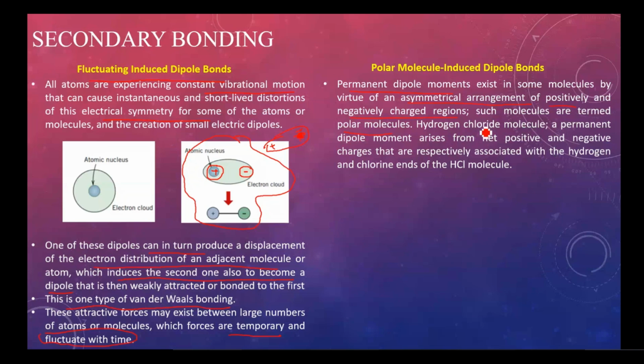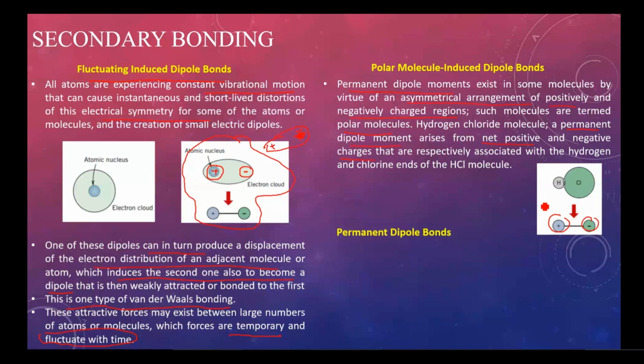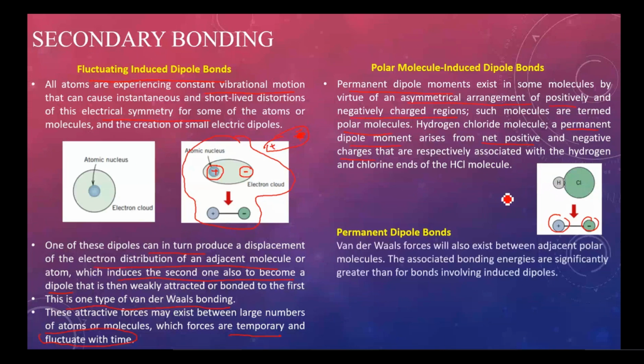Hydrogen chloride is a molecule having a permanent dipole moment that arises from net positive and net negative charges that are respectively associated with hydrogen and chlorine ions. This in turn creates van der Waals forces that exist between adjacent polar molecules.